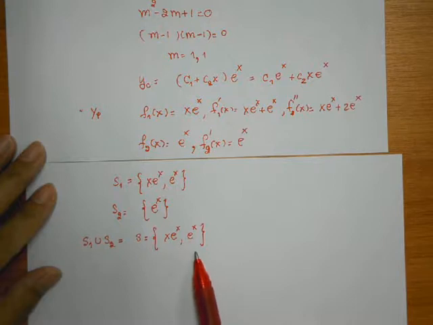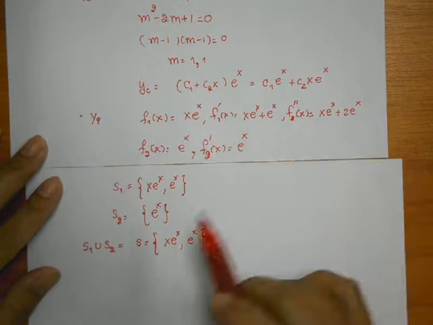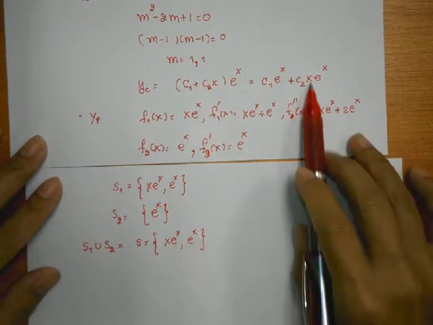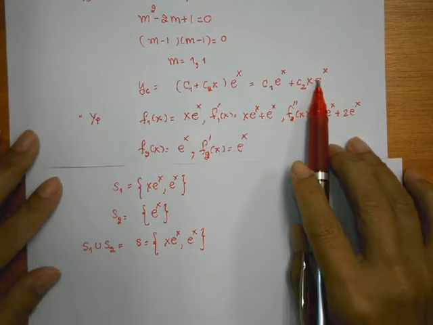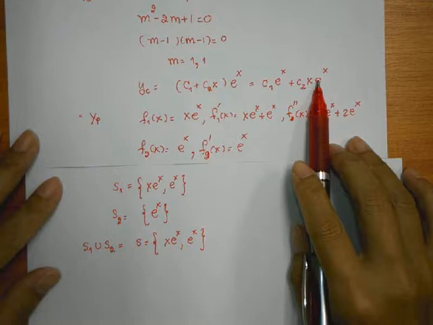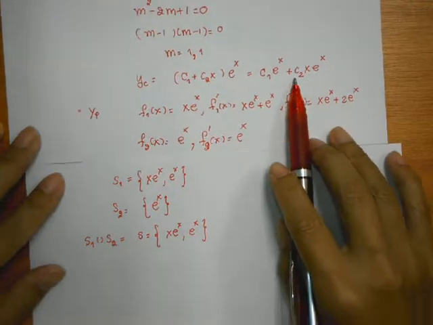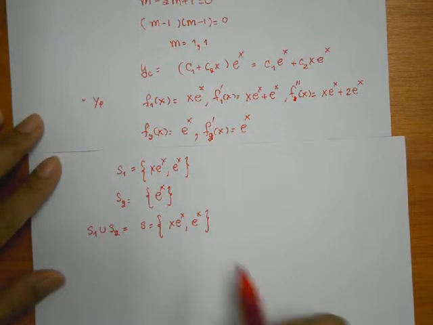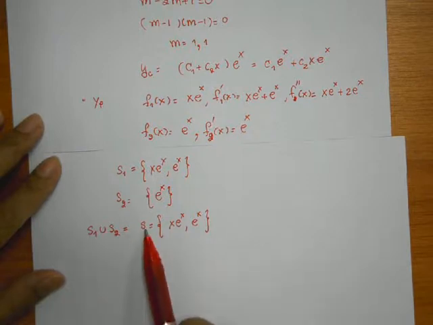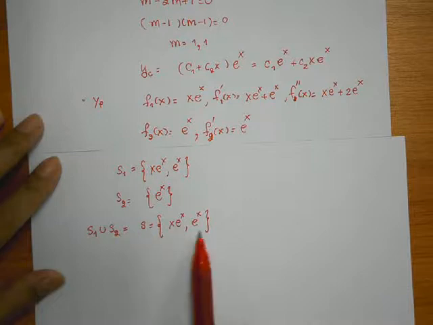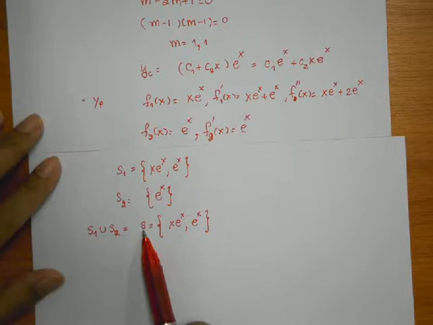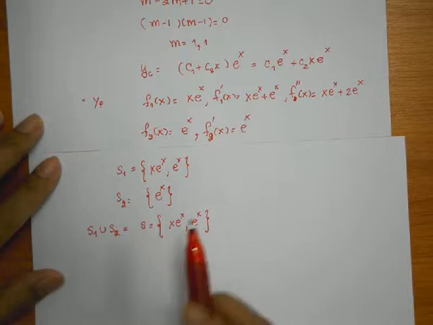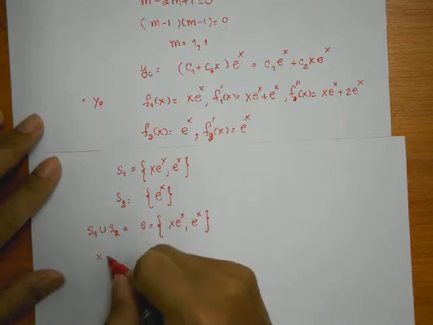But in this case, if you take a look at it, is this repeated in yc? It is, right? So you cannot write it as the summation right away. You have to multiply the functions inside the set by x. Okay, times x.